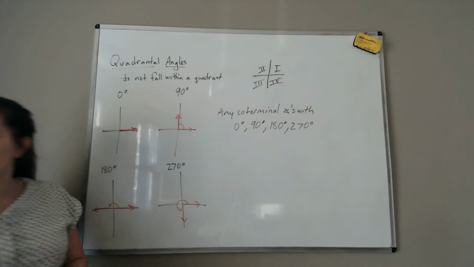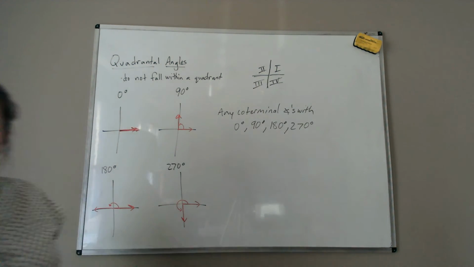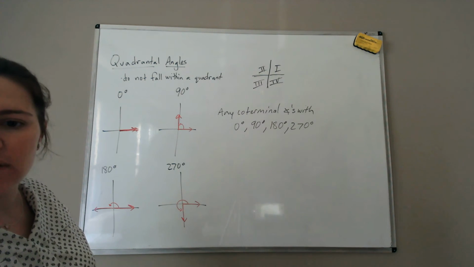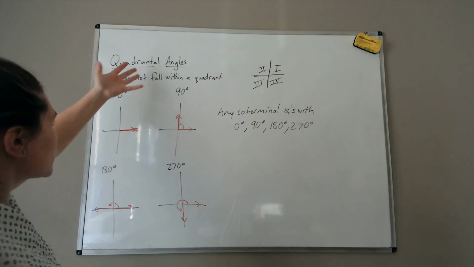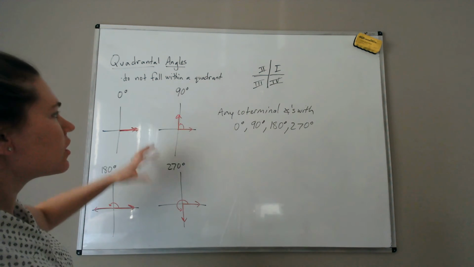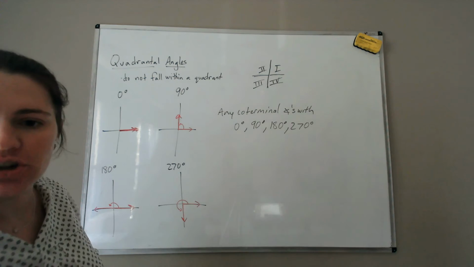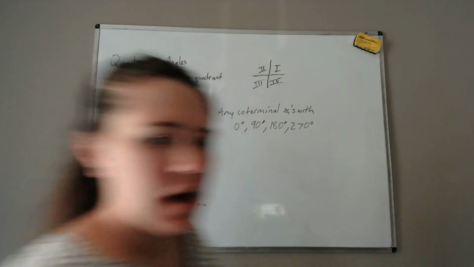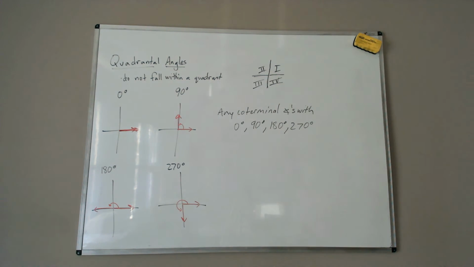It means that the terminal side is not inside of a quadrant. So these are special angles, they're called quadrantal angles, and we're about to see why we have to know that there is a difference, that these are a little special, ones that don't fall within a quadrant. Okay, so these are called our quadrantal angles.